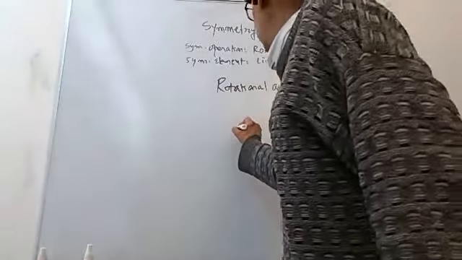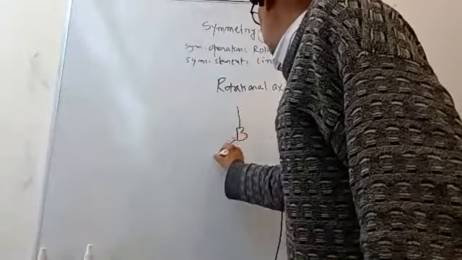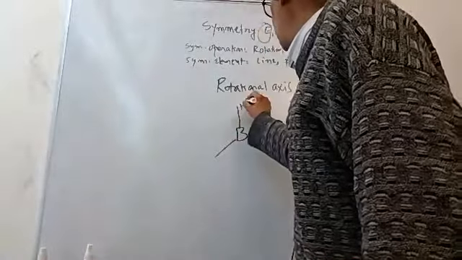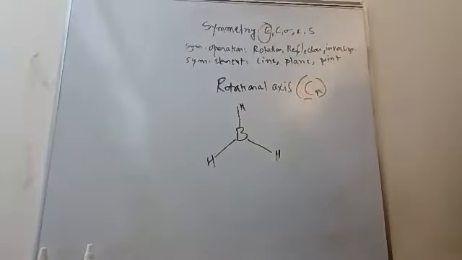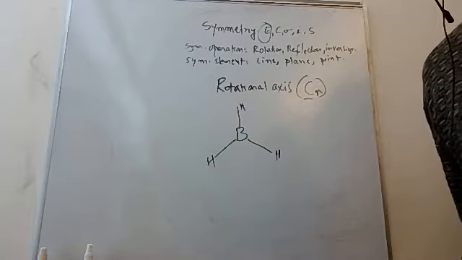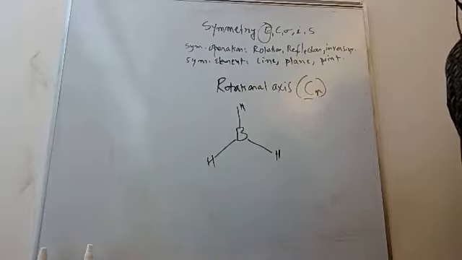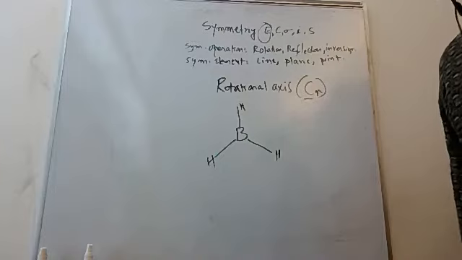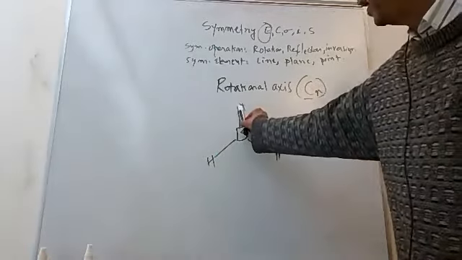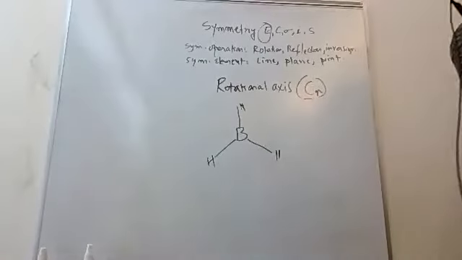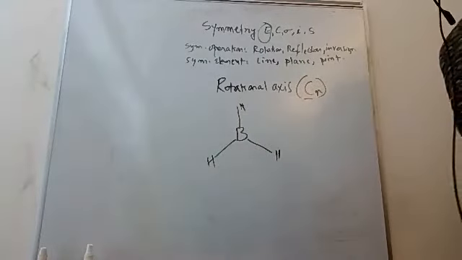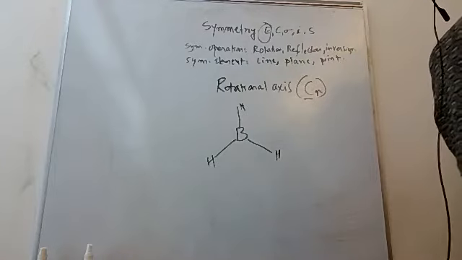Let's talk about a planar molecule, BH3, right? Now, does it have a C2? To answer that question, suppose I take the BH bond here as the line, and rotate this molecule with reference to that line by 180 degrees.